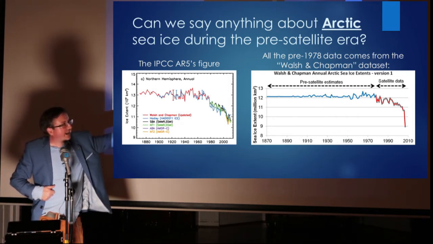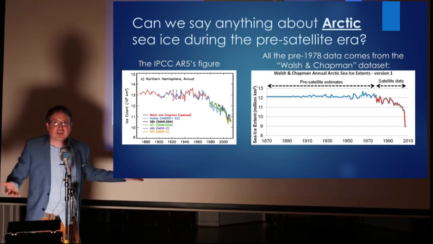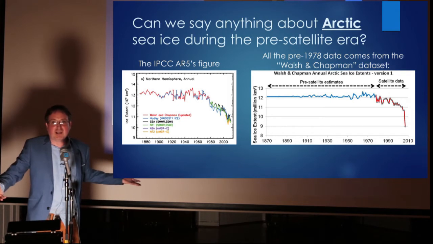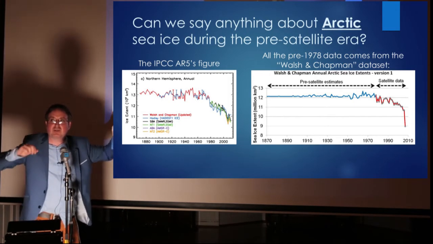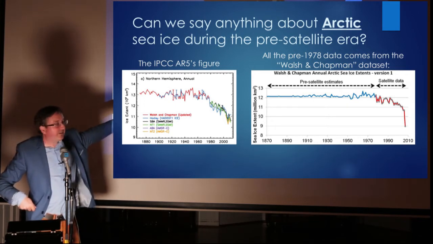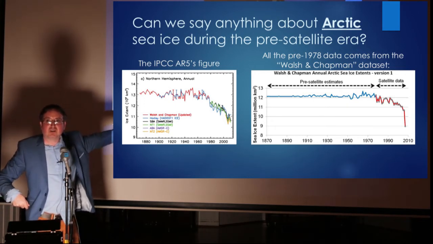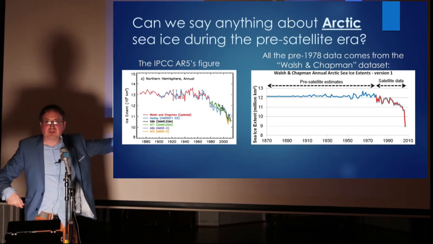You see the red bit on the far right, that's the satellite estimate that we had. And they stitched onto it this blue, almost flat line going all the way back to 1870.